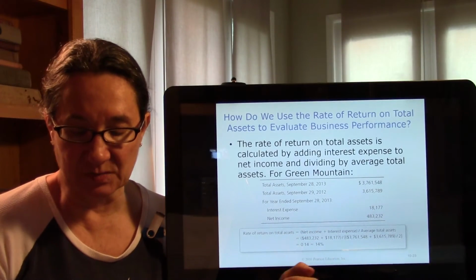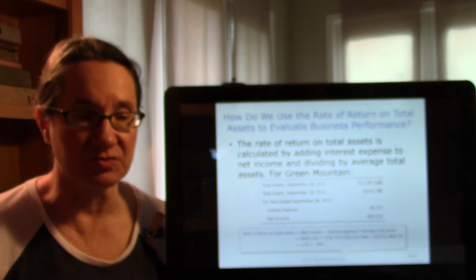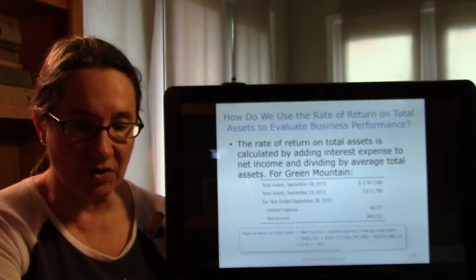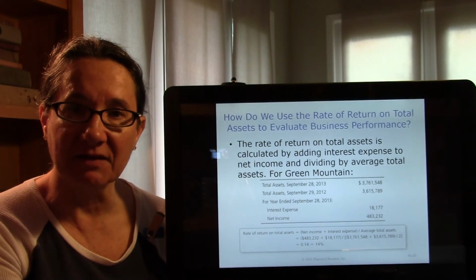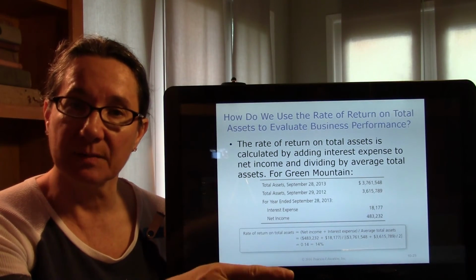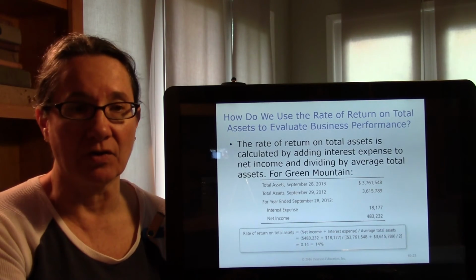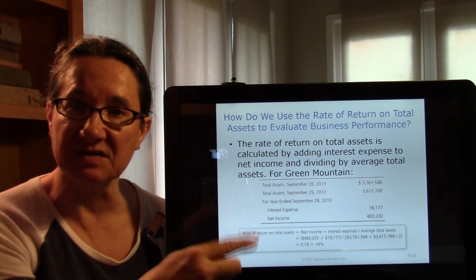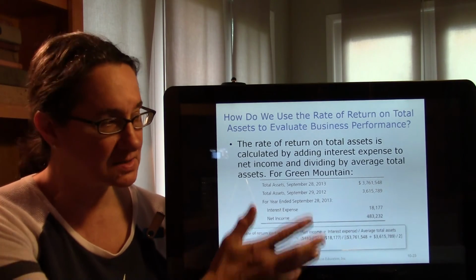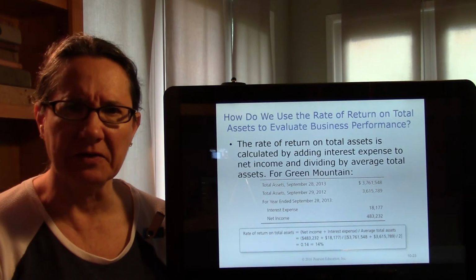There's no single answer because rates vary widely by industry. So a good thing to do is calculate rates of return over several years. Compare them back and forth, or compare competing companies. Invest in one that has a growing rate of return, or invest in one that has higher rates of return than other similar companies. So that's why you would want to use that to see how well they're using their assets.